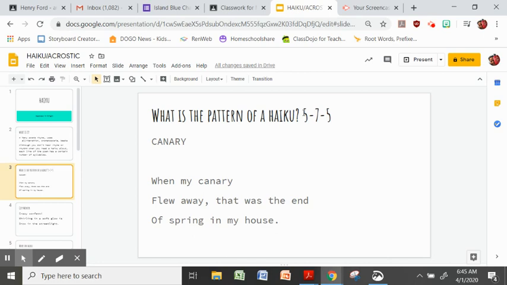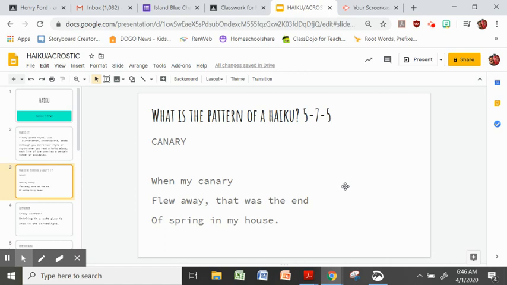A syllable is how you break up a word. So like this word "when", you don't say "when-en", you just say "when". So that's one syllable. "My", one syllable. "Canary", so one, two, three syllables is five syllables. Okay. So five syllables, and then your next line is seven, and then your next line is five.